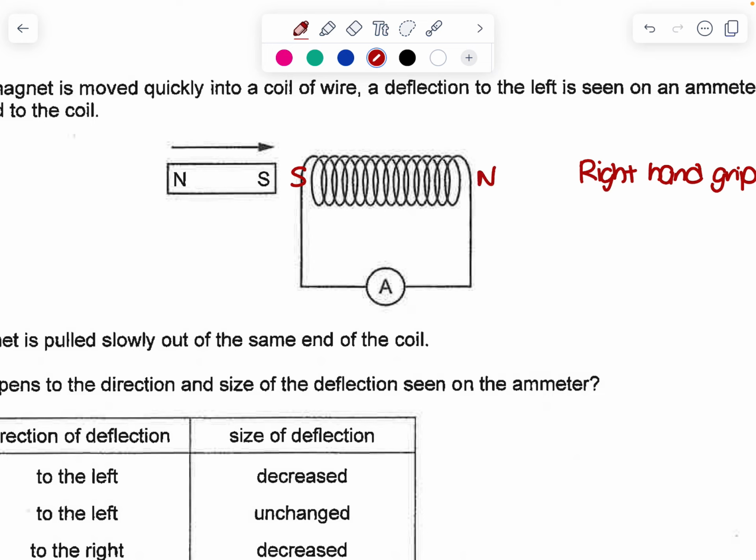So using the right hand grip rule, current should be going in this direction. Current flows in this direction, so the ammeter's deflection should be towards the right.